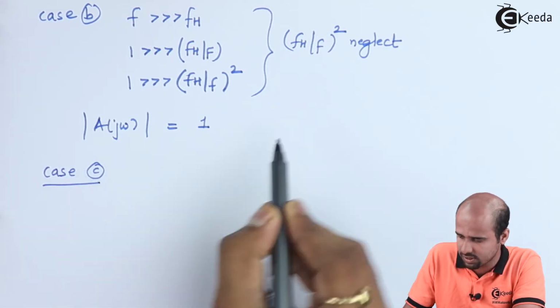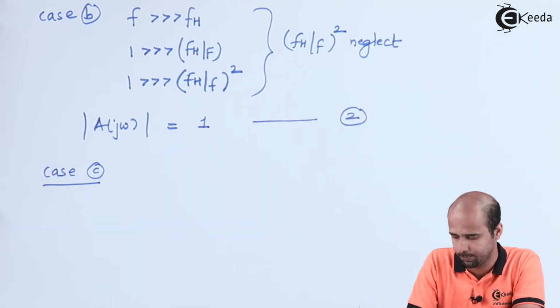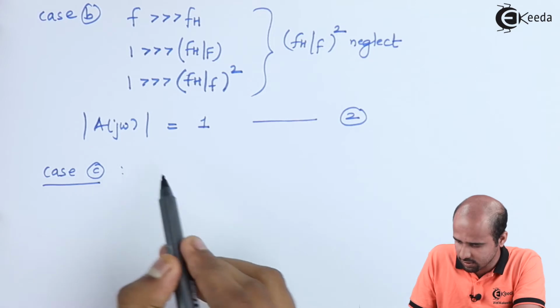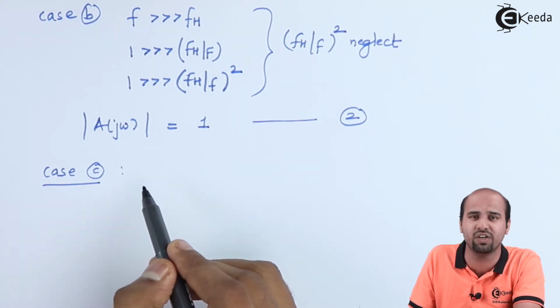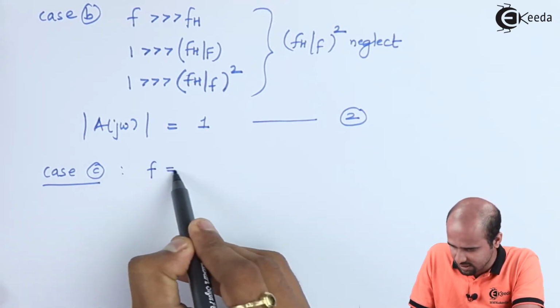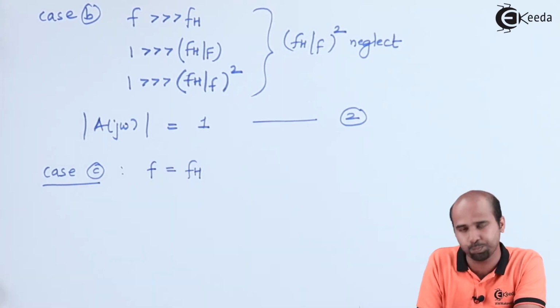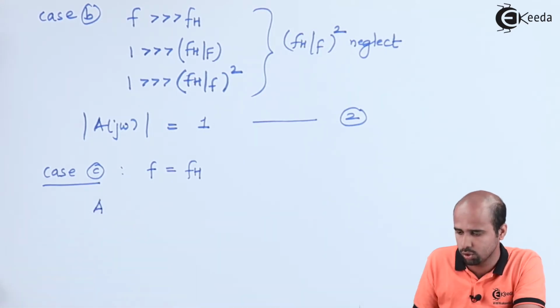Before going to case number C, we will say that this is equation number 2. In case number C, we will find out the exact value of gain at exact frequency f equal to fh. So we will write this as f is equal to fh. Now if f is equal to fh, there is no meaning to neglect any part.